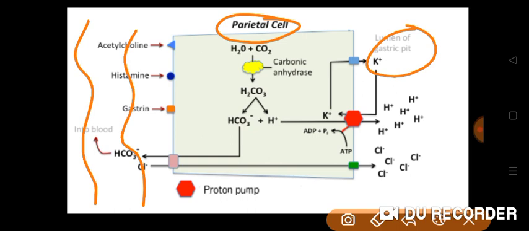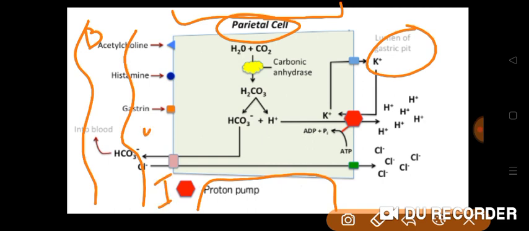These are the blood capillaries of the lamina propria, these are the parietal cells, and here are the chief cells. This is the lumen of the stomach, or lumen of the gastric pit. And this is the interstitial space.